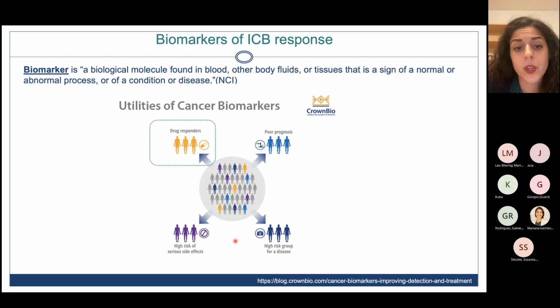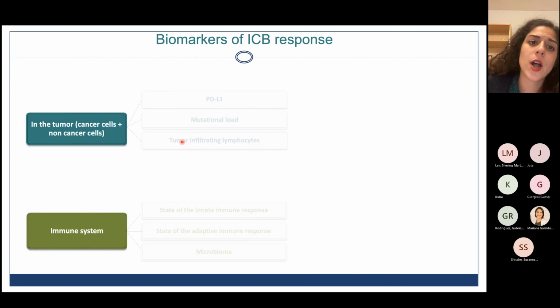But in the immune checkpoint blockade, what you want to see with this biomarker is whether the patient will respond or not to this immune checkpoint blockade therapy. So today, there are mainly biomarkers that sense the tumor or sense the immune system.